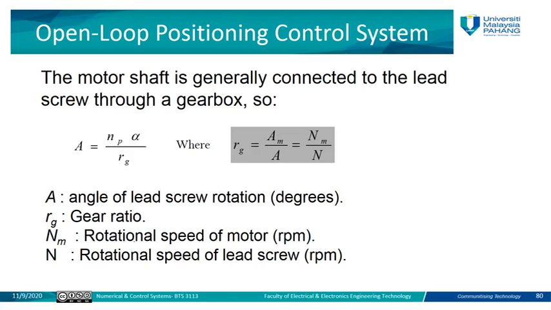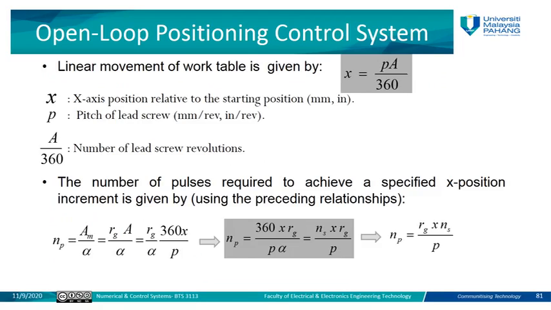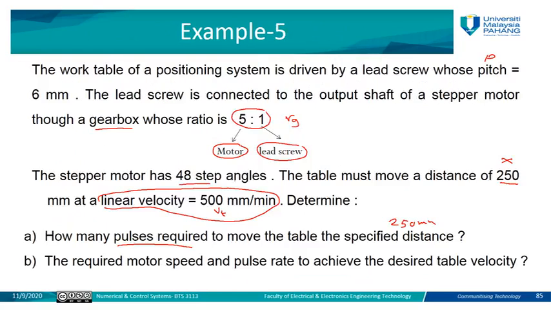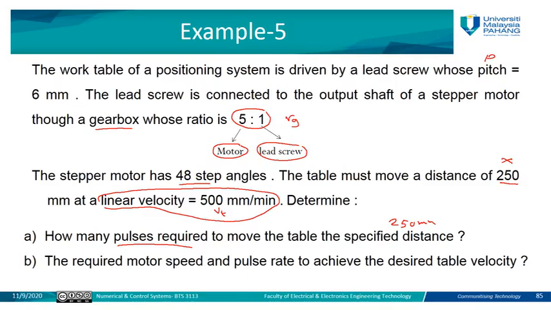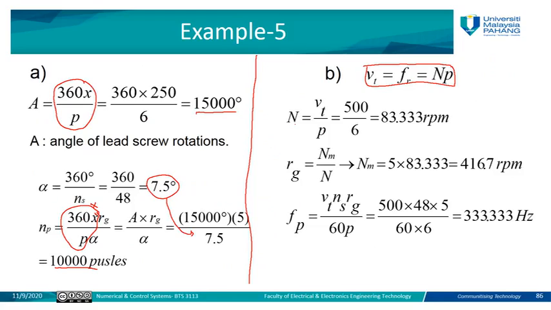We already found the value of n, but we need to find the value of nm. The ratio value rg is 5, given in the example, so we can find the rotational speed of the motor. We just substitute: nm over n equal to rg. So nm equal to 5, which comes from 5 over 1, so it is 5 times the speed n, which is 83.33. Okay, so this will give you the speed of the motor, or the required speed.